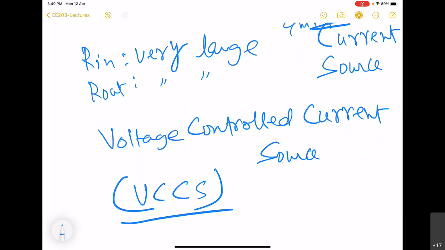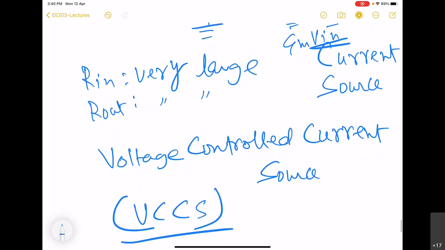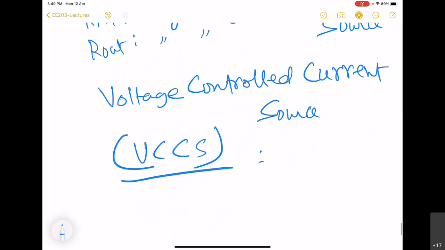And now if you recall, transistors, whether MOS or BJT, are fundamentally of this nature. So the simplest real life examples are MOS or BJTs.